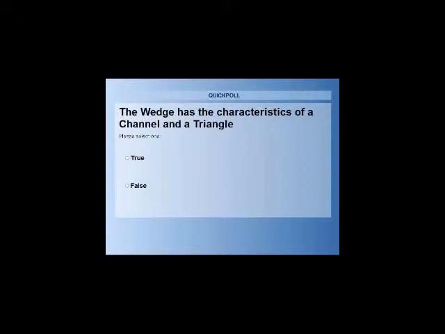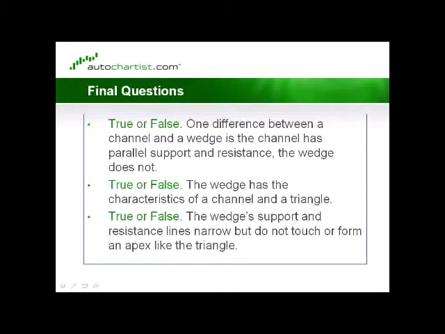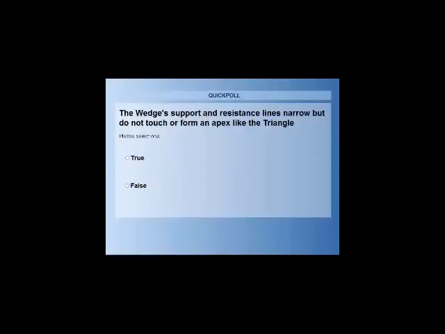And our final true or false: the wedge's support and resistance lines narrow but do not touch or form an apex like a triangle. Good. So it looks like you have a pretty good grasp of the concepts that we're looking at today.